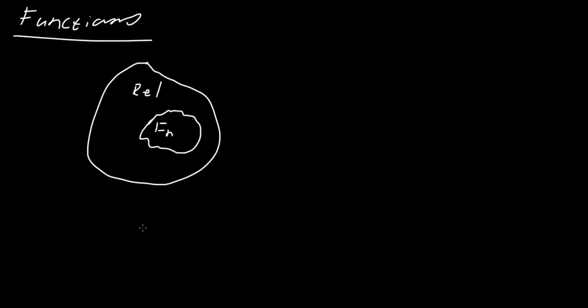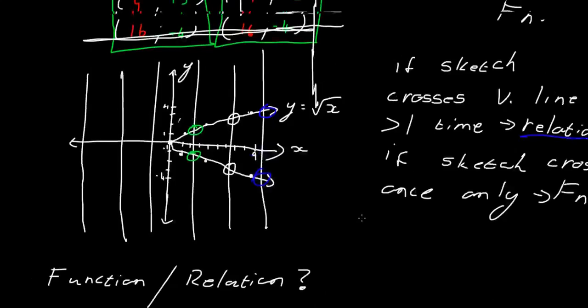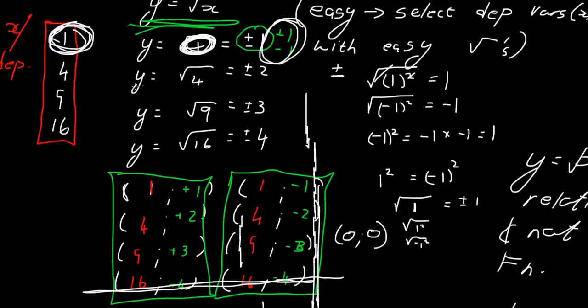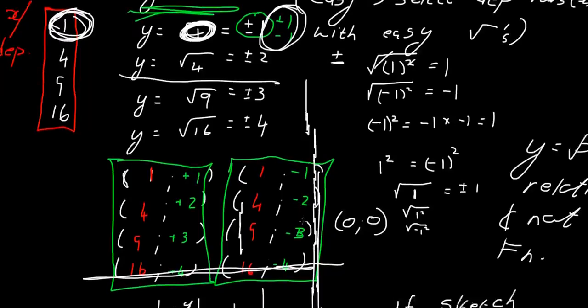So the notation for a function is f of x. For relations, you can have y equals, as you saw with our previous stuff, y equals root x, and then we've got y equals plus minus 2.